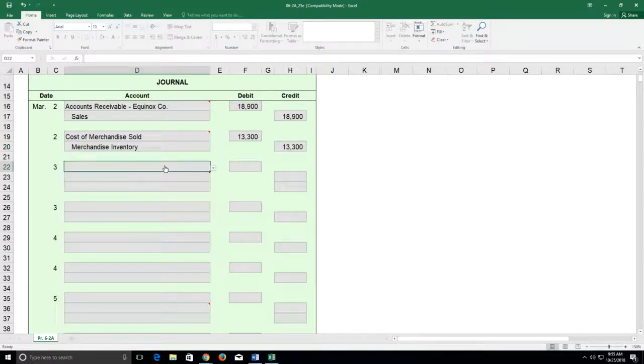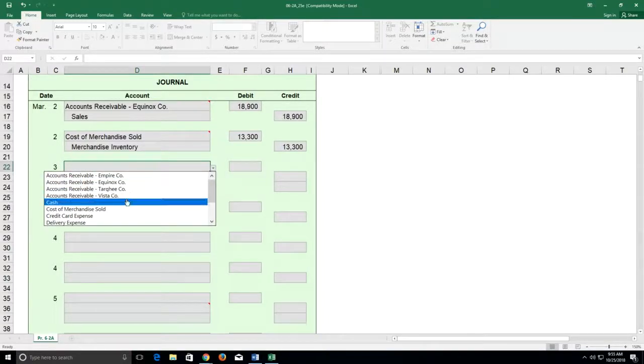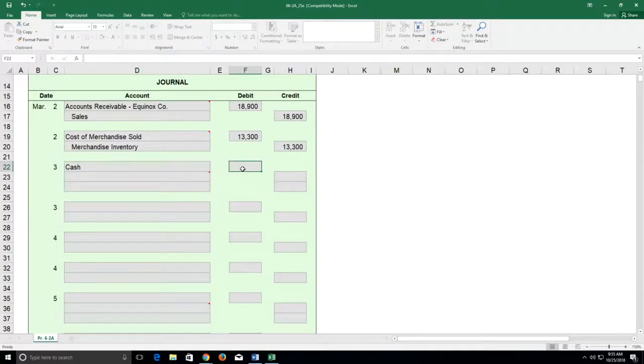Okay, so then it says on the third that we sold merchandise for cash for $11,350 plus 6% sales tax to a retail customer. The merchandise cost us $7,000. When we collect tax, do we get to keep that? No, we do not get to keep that. So for cash, we receive the $11,350 plus the 6%.